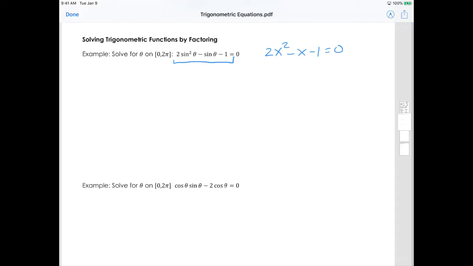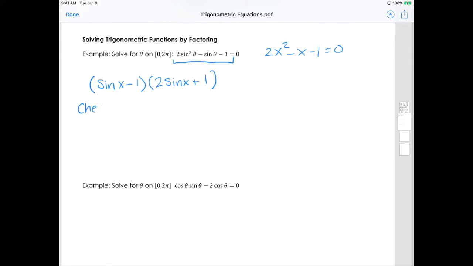So what I'm going to do is think of this as a quadratic equation and factor it like I normally would, but instead of having x's, I'm going to have sines in there. So when I factor this, I'm going to get sine x minus 1 and then 2 sine x plus 1. You can multiply it back out to check it.